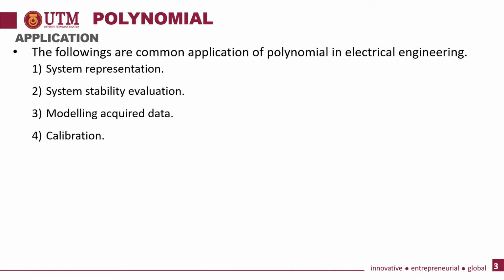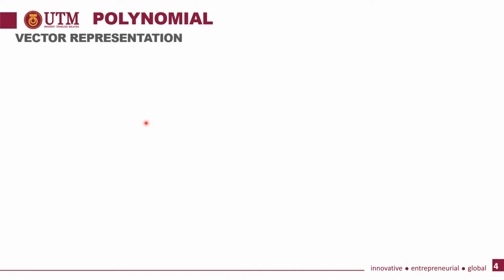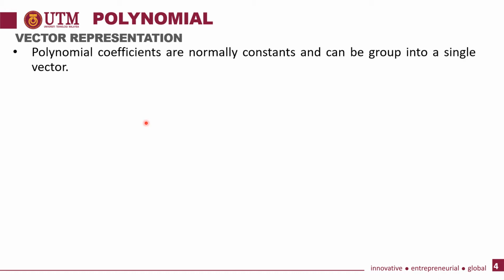Alright. Next we will proceed to vector representations. What is vector representation and why do we need it? Polynomial coefficients are normally constants and can be grouped into a single vector.